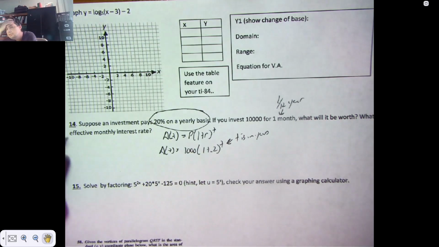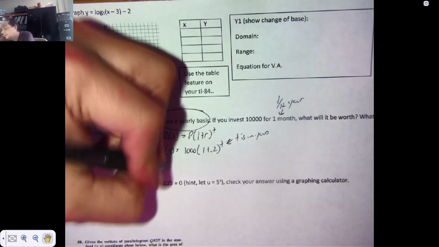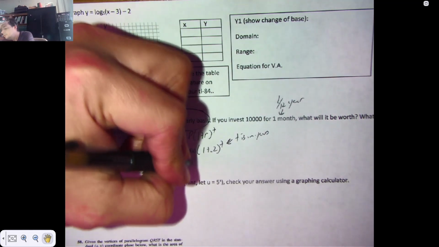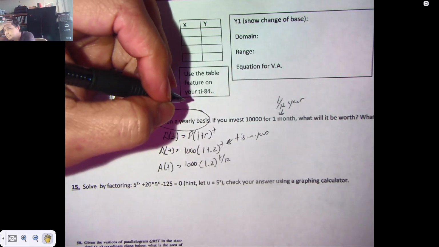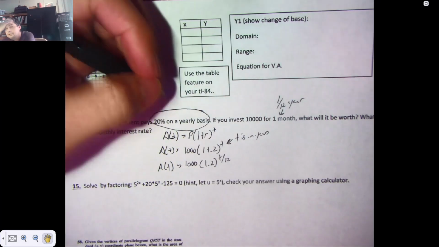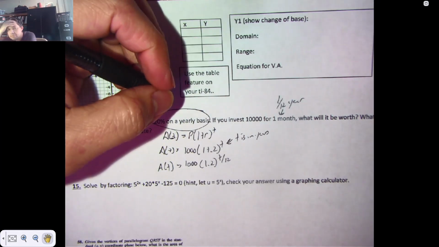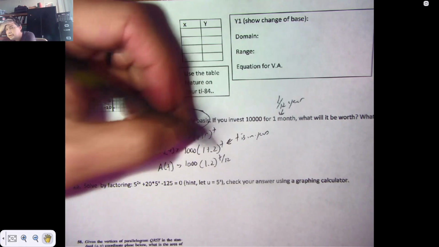Wouldn't you? I think you would. So why not just modify the equation? The amount after time is 10,000 times 1.2 to the t over 12. Now you can throw a single month in it. There's where your 1/12 fraction would come with.